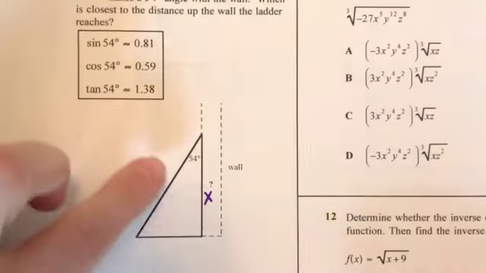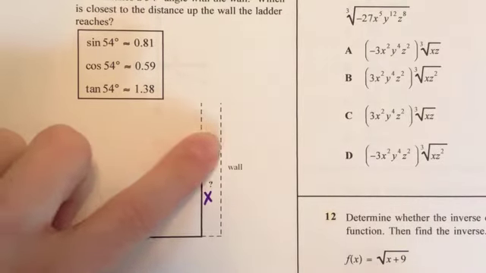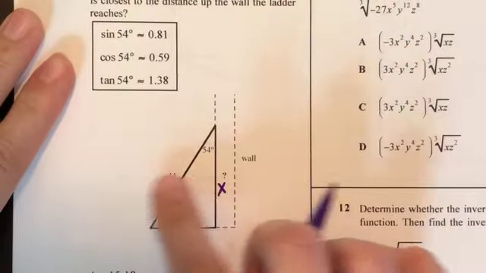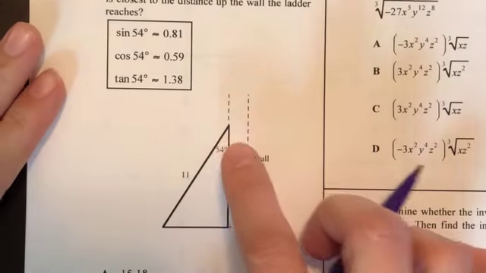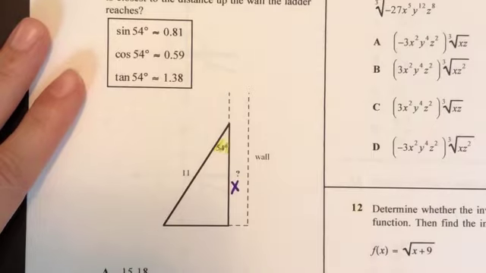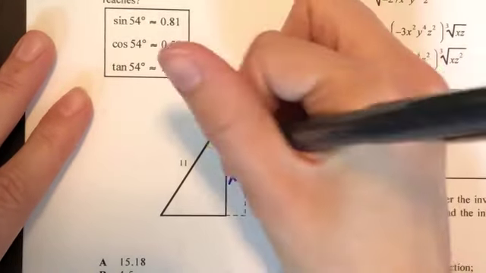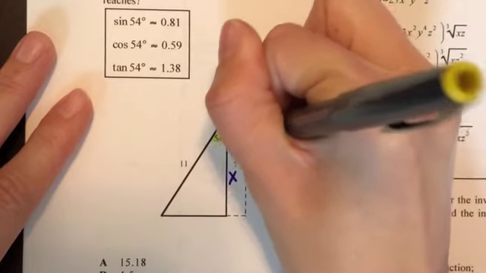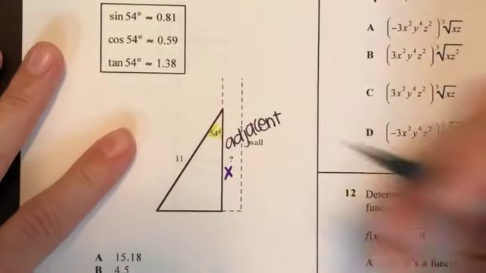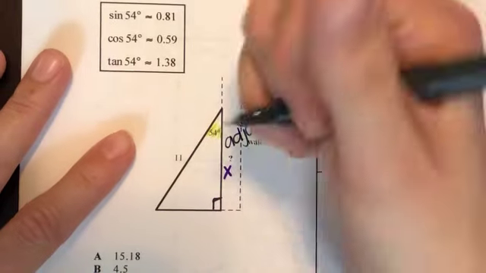So what we want to understand is that we're going to use 54 degrees as an angle to create a trig function to solve for the missing side. If this is our angle, then we have to understand the relationship with these sides. This X here would be the adjacent side, and 11 is across from this 90-degree angle, or the longest side in the right triangle.